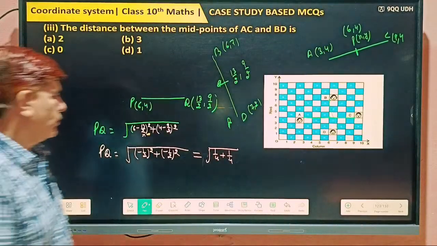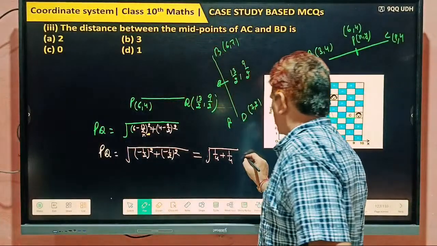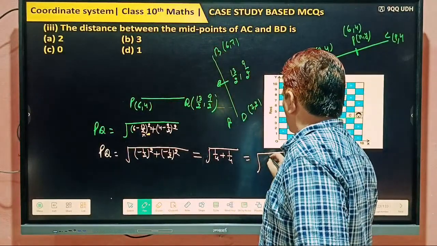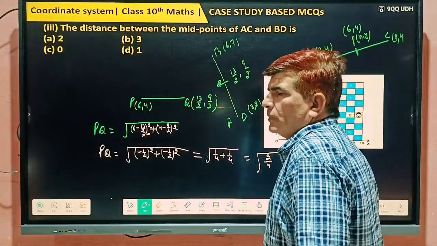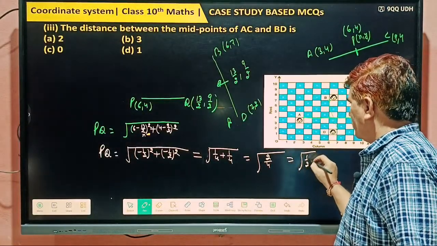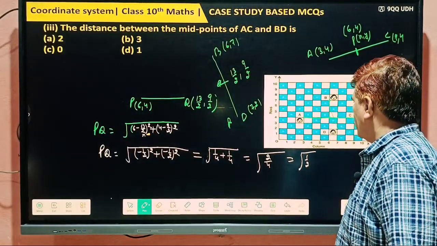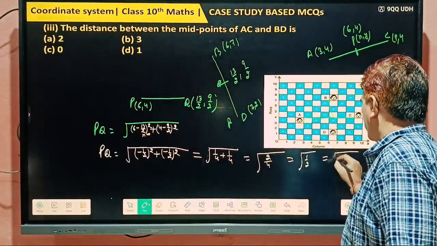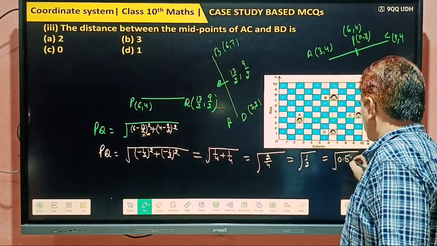So this is 1 by 4, 1 by 4, what becomes? If you add, this becomes 2 by 4. Understood? And this 2 by 4 is 1 by 2. And how can we write this? 0.50.